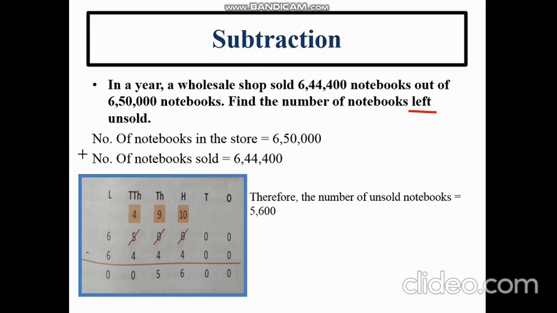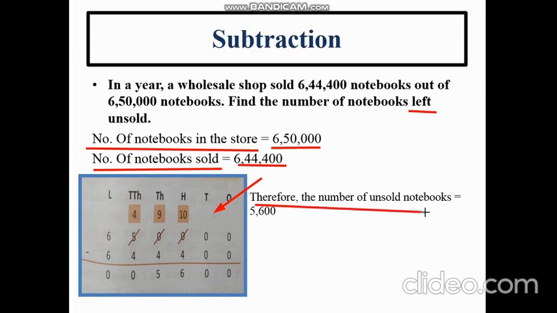You can see here in the example, I have first written the statement, number of notebooks in the store, then number of notebooks sold. You can see that the subtraction has already been done, as you all know how to subtract. What is the answer I got? Answer is, therefore the number of unsold notebooks is 5,600.